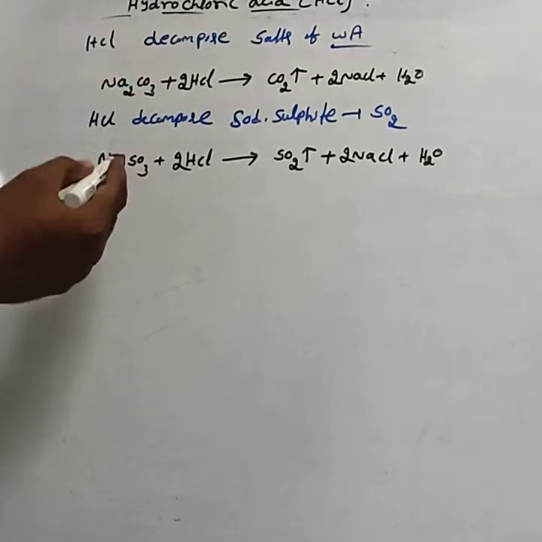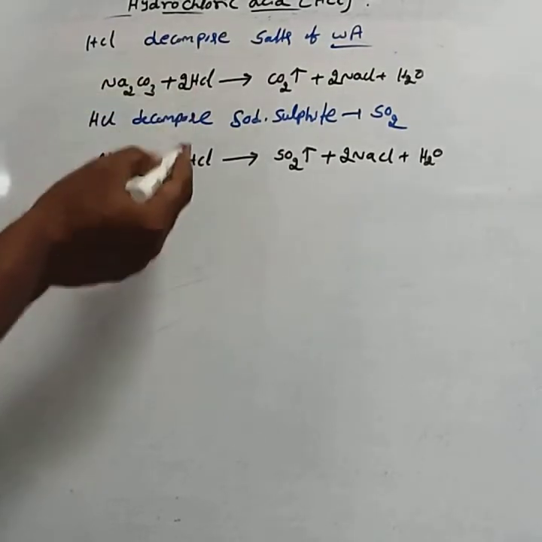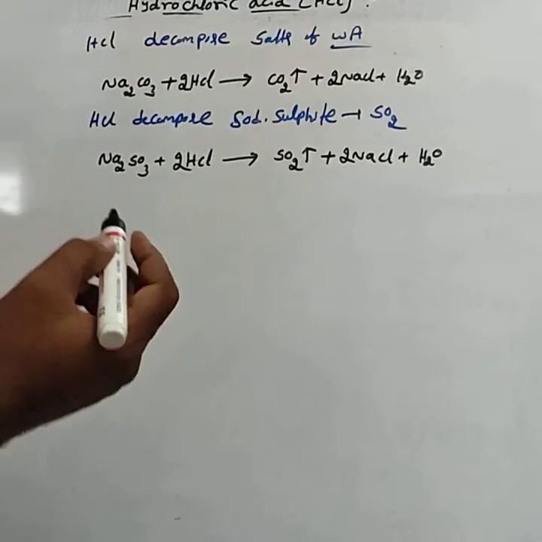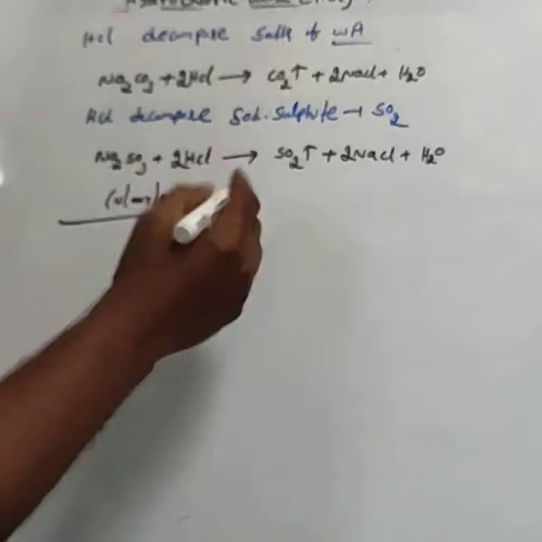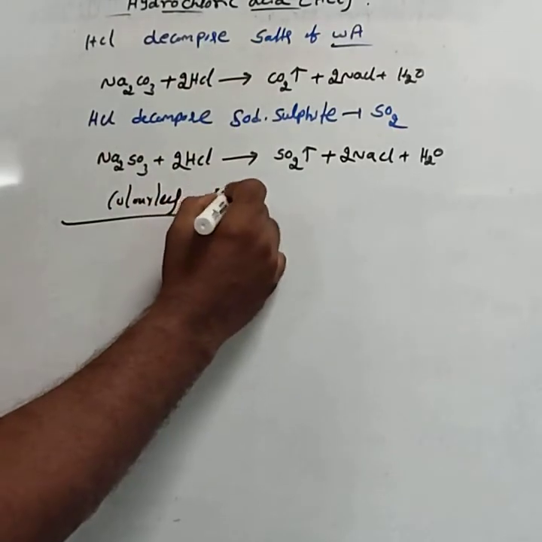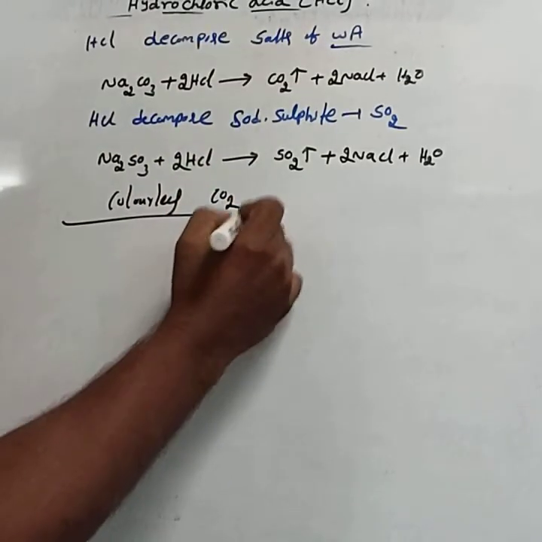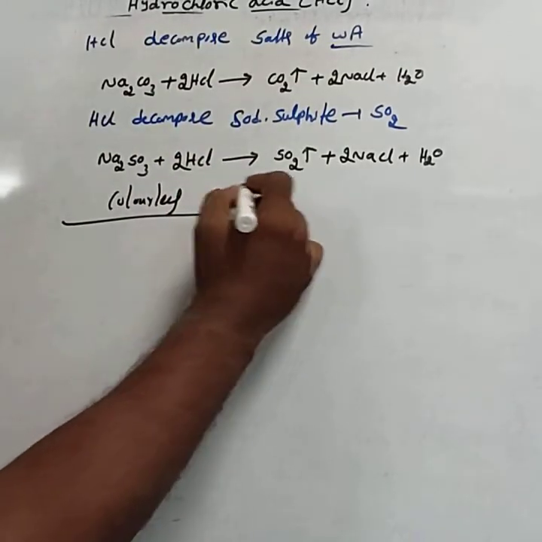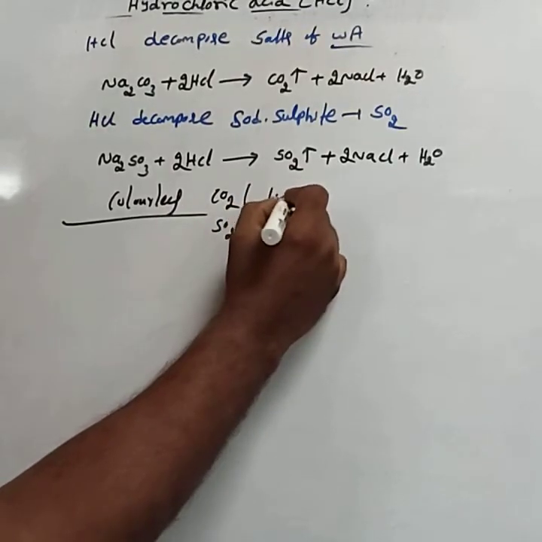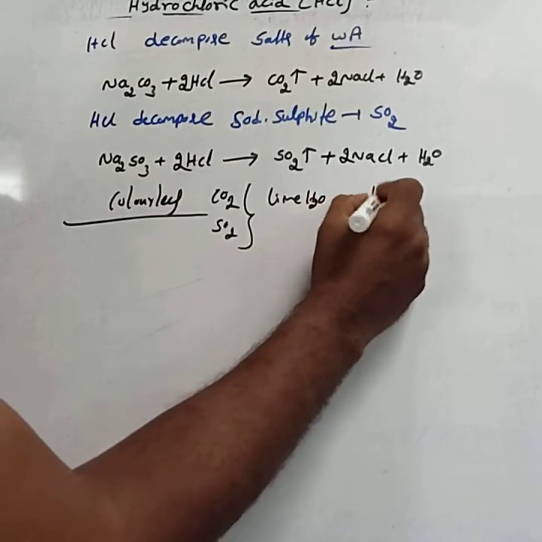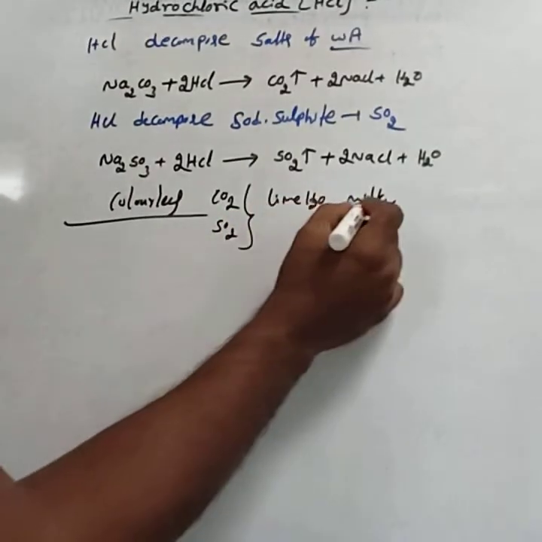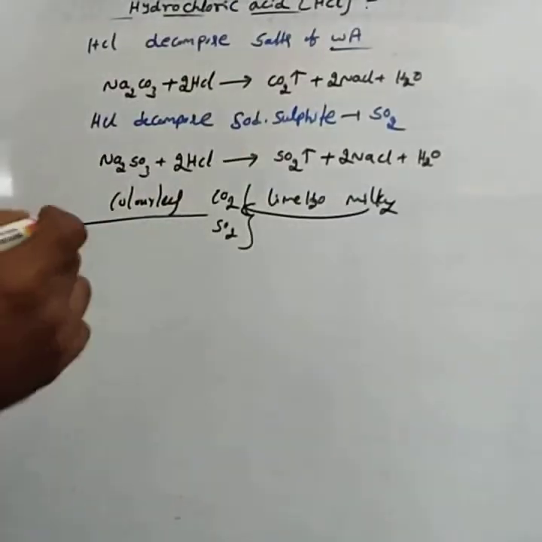Both with sodium carbonate and sodium sulfite, if you add HCl, you get a colorless gas. How can you determine whether that colorless gas is CO2 or SO2? If the colorless gas passed into lime water turns it milky, it indicates CO2.